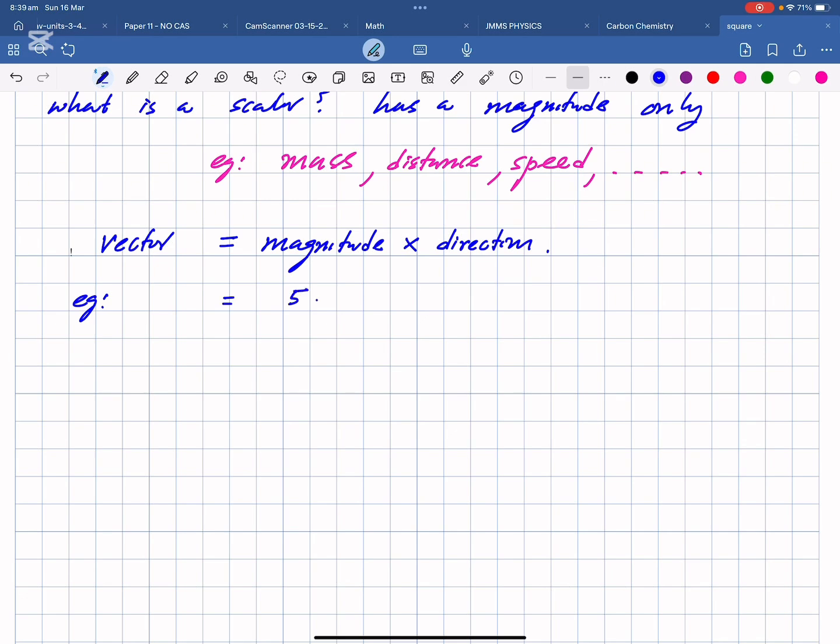Direction I'm going to give north. In between you have multiplication. So then 5 north, you understand magnitude and direction. So you're going to give a notation here. I would say V. To say it's a vector, you put an arrow. Right? So it's a vector now. So always a vector is nothing but magnitude times direction. Right? Okay.